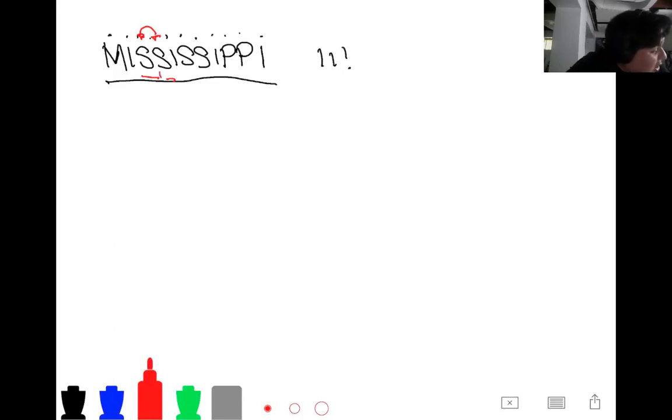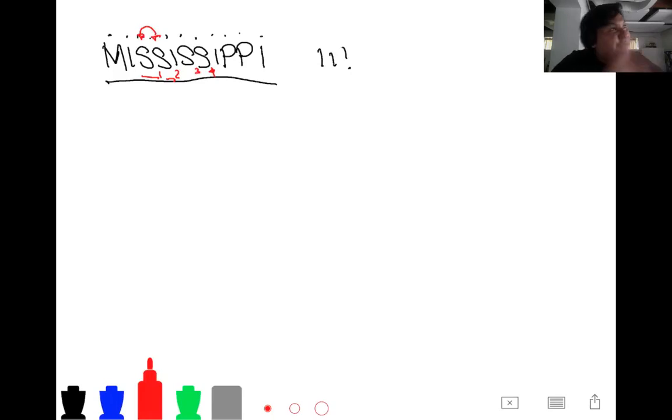This is S1, that's S2, S3, S4. So if I interchange S1 and S2, yes, I would have noticed that. But what if there are no subscripts? There's just plain 4 S's there, and I interchange any two of them. Would you have noticed that? No, right? The same goes with the I's, right?